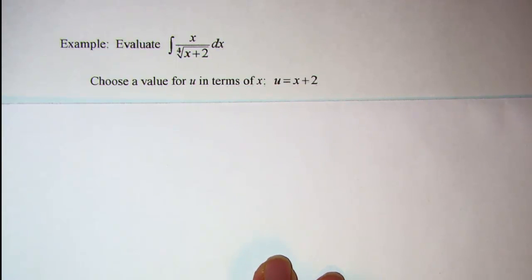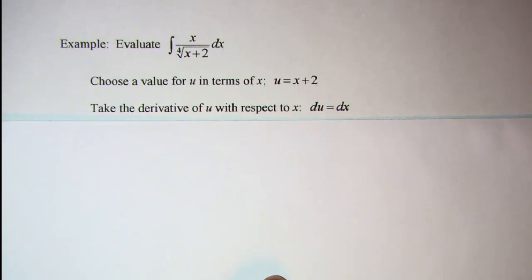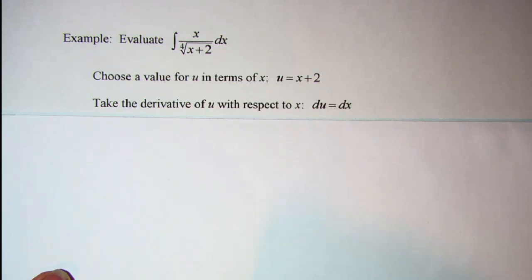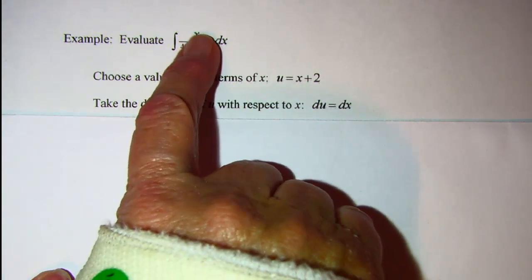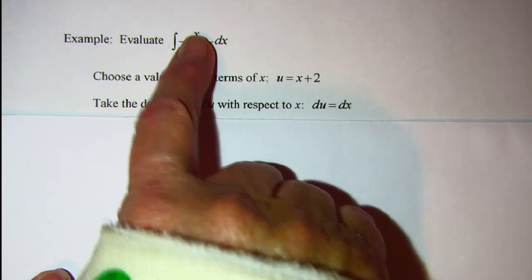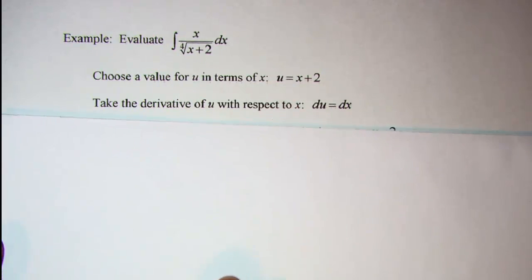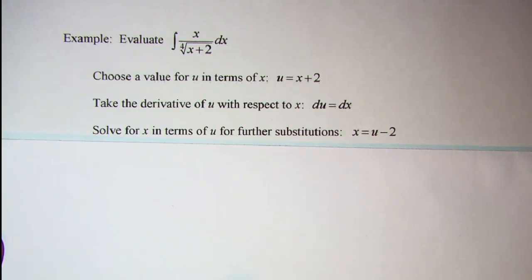When I find the derivative of that, I get du is equal to dx. And then I also need to solve this equation for x so that I can have a substitution for the x up here. So I get x is equal to u minus 2.